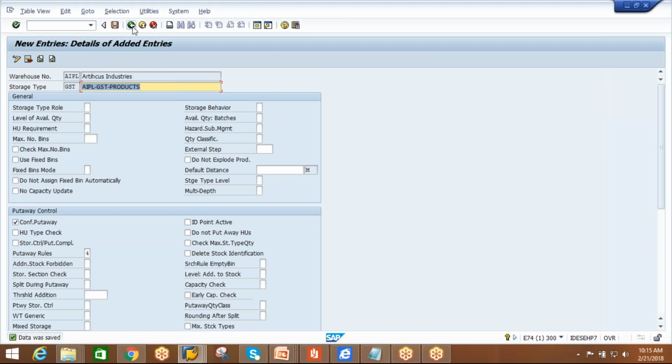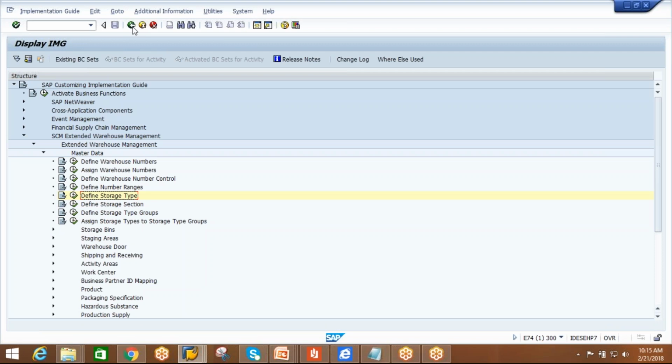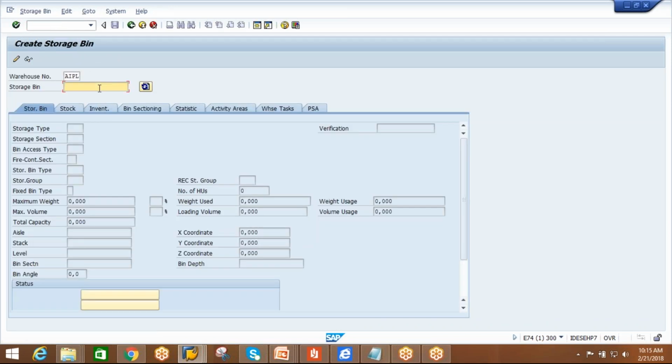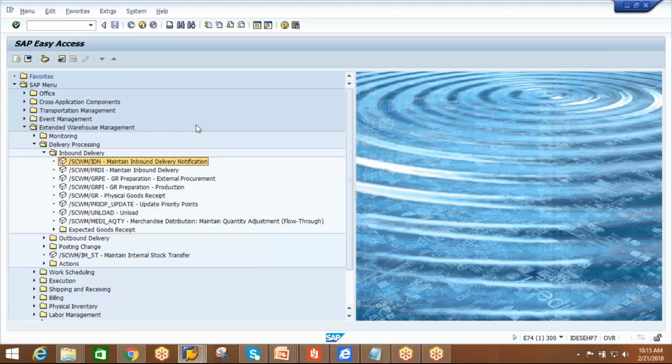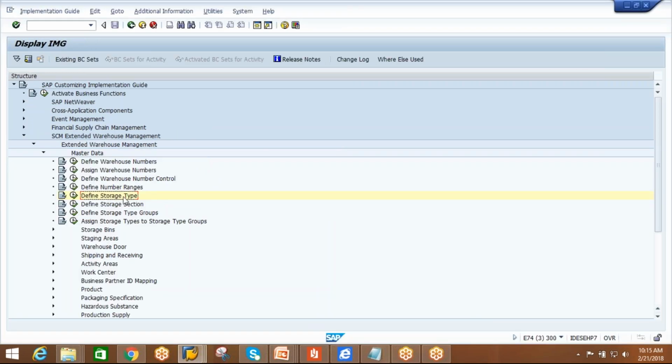Now I require one bin. /n /SCWM /LS01. GST bin in the GST storage type. Okay. Now come to configuration again.